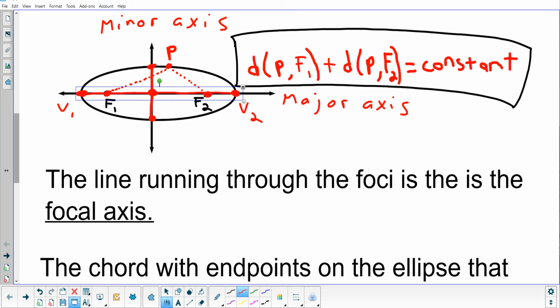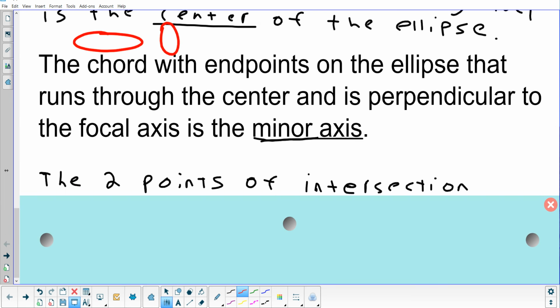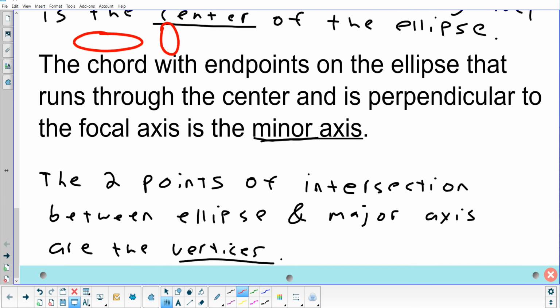Yep, it's a vertex. Except in an ellipse, there's two of them, so we call them vertices. V1, V2. So the points of intersection where the major axis hits the ellipse, those are called your vertices. Another way you could say it is the vertices are the endpoints of the major axis.